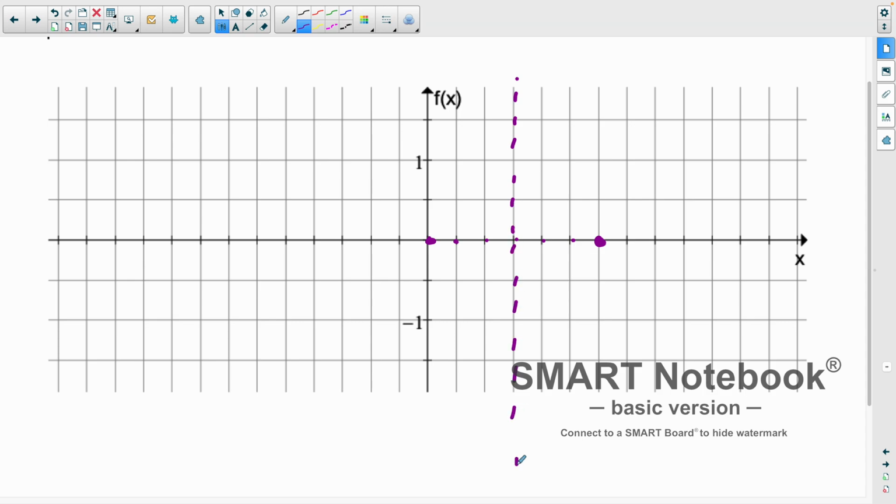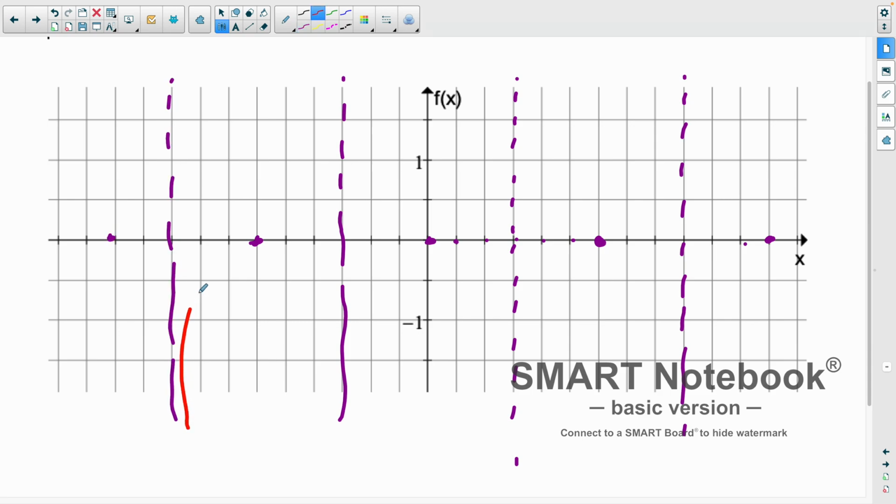That's one of the biggest things that it's different about. So every 180 it repeats, and there's asymptotes every 180 as well. They're in between there. Okay. And so we had these graphs that looked like this. This was a tangent graph.